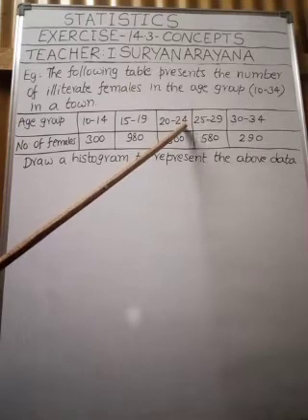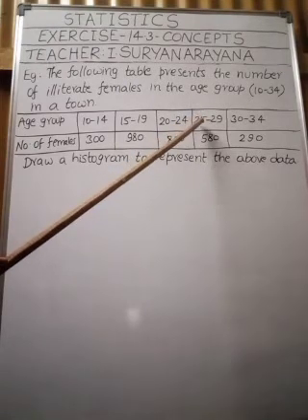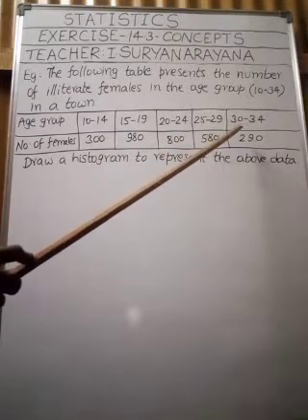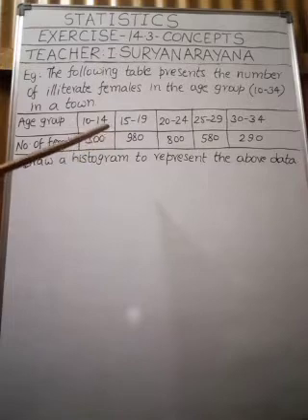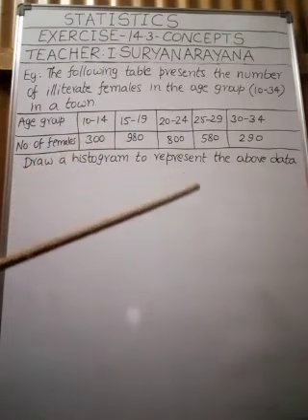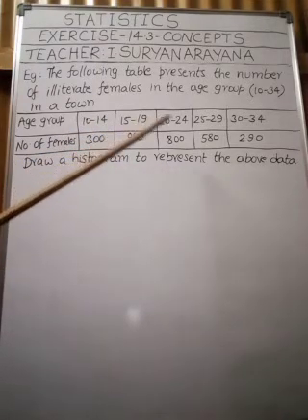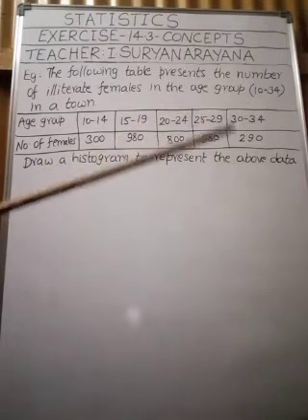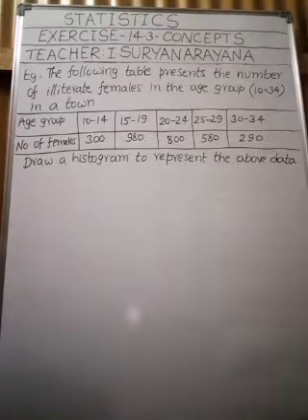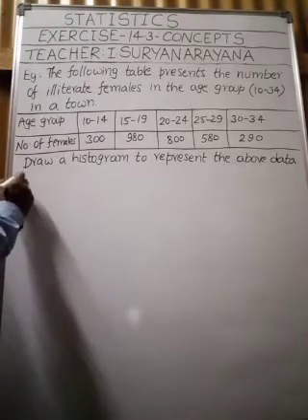Similarly, the upper limit of the third class is not equal to the lower limit of the fourth class interval, and so on. As I mentioned, they are not equal. So this is not a continuous frequency distribution table. So first of all, we have to make this frequency distribution table a continuous frequency distribution table. Okay, my children, right.